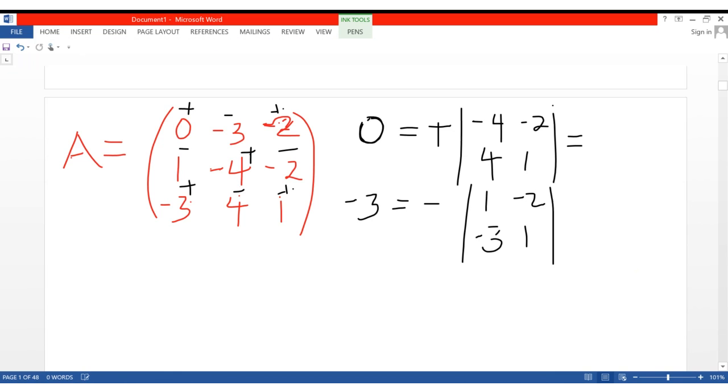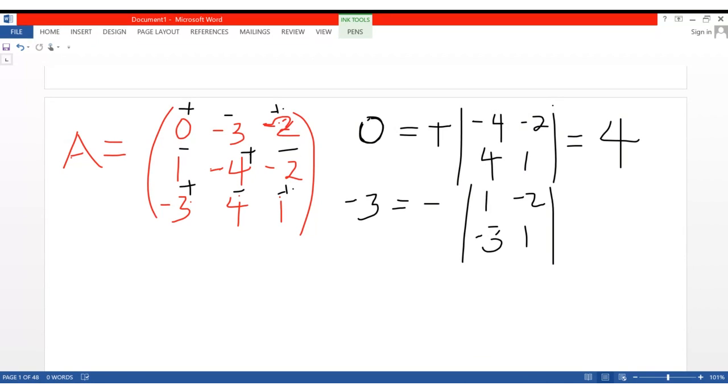If I do this one and multiply with the sign, I'm getting -4 plus 8. So I'm getting 4, and the sign is positive, so I remain with 4. The other one I'm getting is 1 minus 6, but the sign is negative.